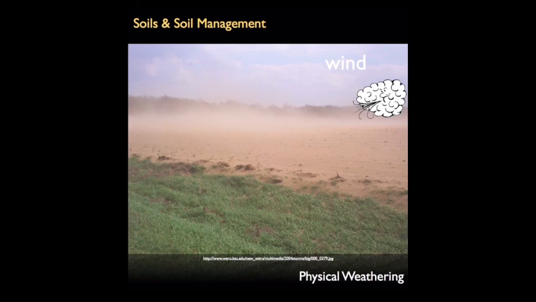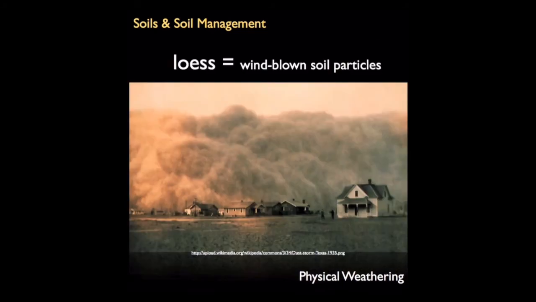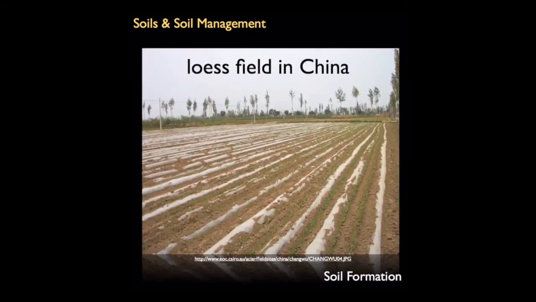Wind-blown soil particles are called loess, spelled L-O-E-S-S. In some areas, they are the parent material of soils. These soils are lightweight and easily eroded by wind and water if stripped of vegetation.